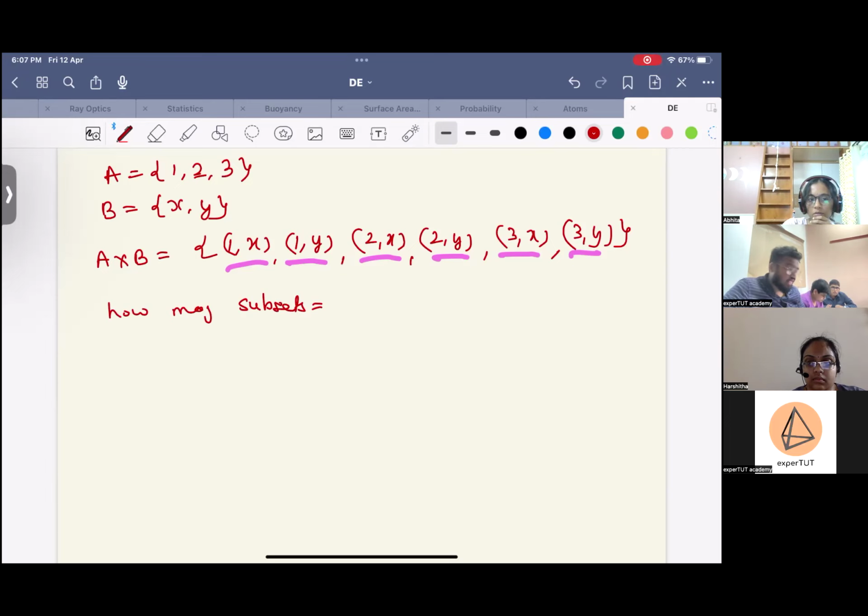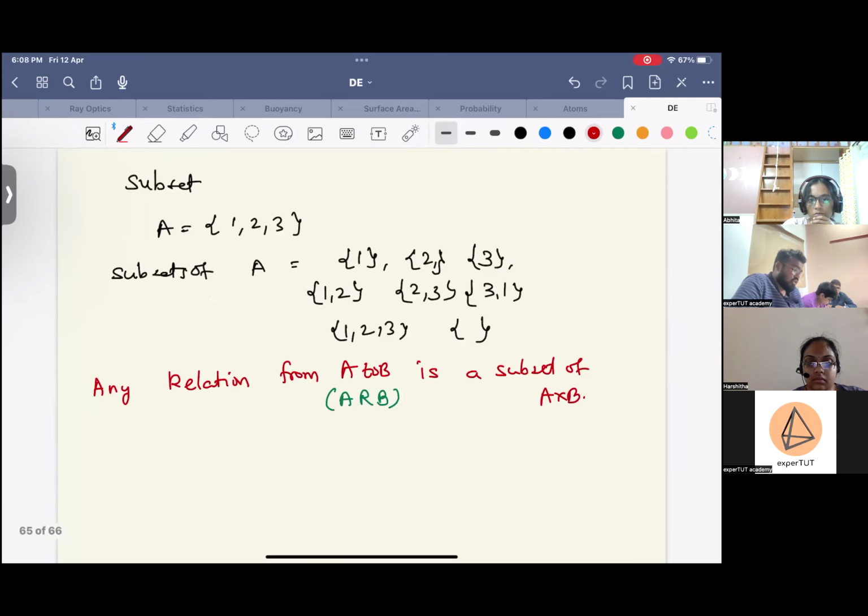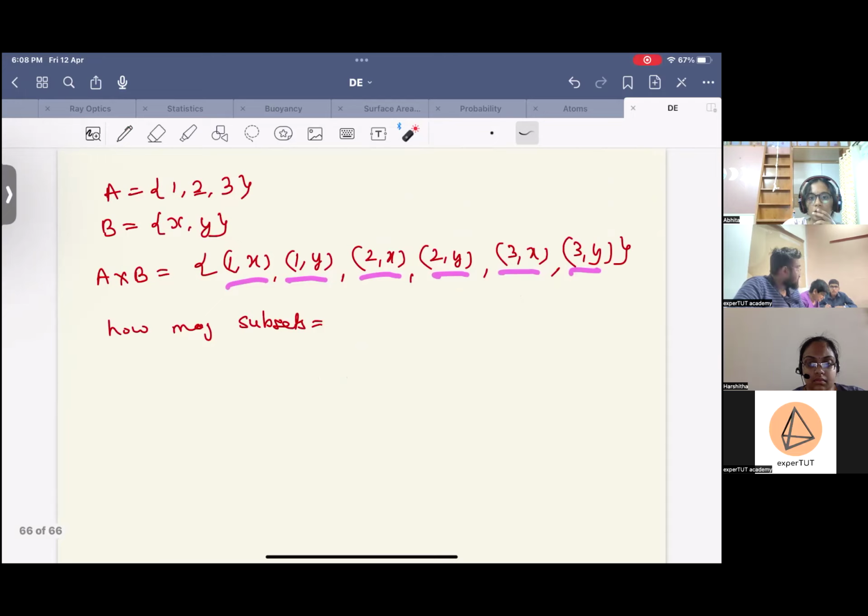No, there are three elements in this set. How many subsets are there? 8. Okay, it's 2 power 3. So if there are 6 elements, 2 power 6, which I think is 64. So it has 64 subsets.